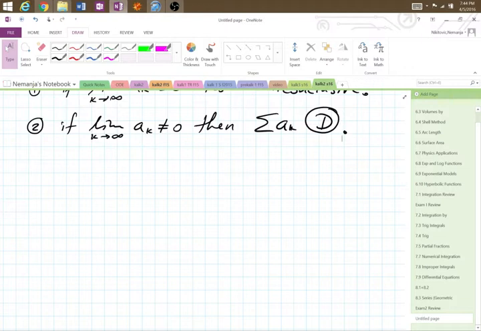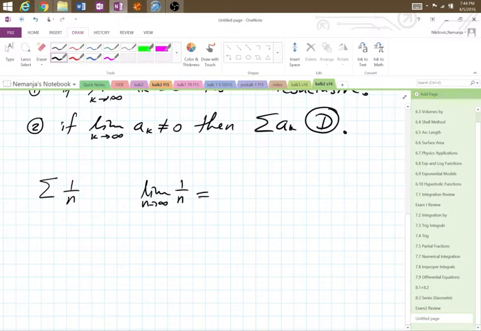So if I want to say what is happening with the series 1 over n, this is called the harmonic series. You want to test this one. If you say limit of 1 over n as n goes to infinity is equal to 0, I can't make any claims. We don't know. The test will not tell us that, because the limit was 0. And because limit is 0, the test is inconclusive.